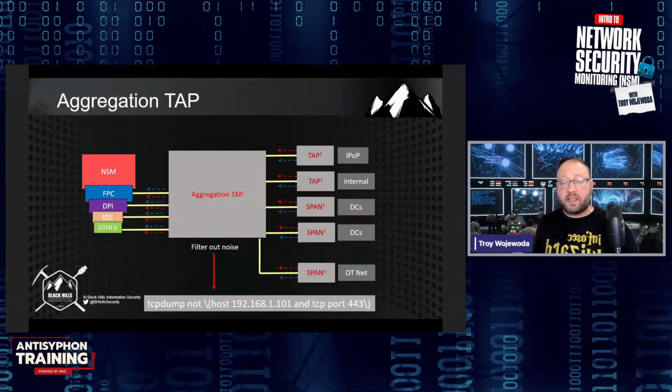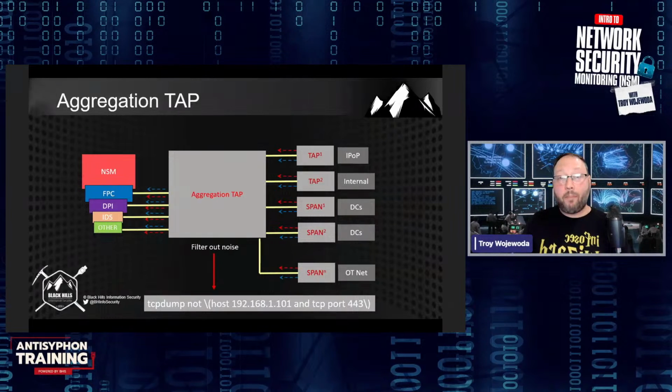And on the side where you have multiple inputs, there's the concept of an aggregation tap. You would then have multiple different choke points, like I explained before. Say you have a span or a tap that's looking at traffic going to and from your internet point of presence, and then also maybe to your data center or domain controllers, or however you set it up.